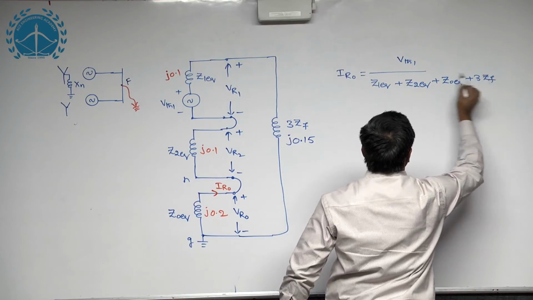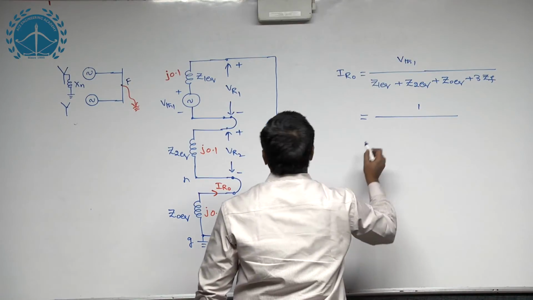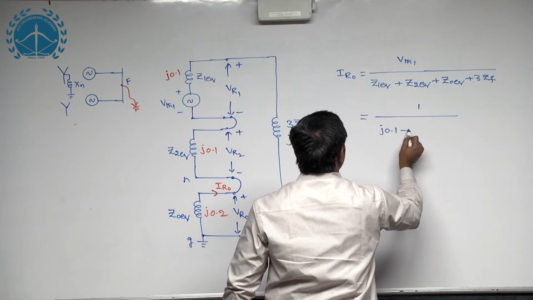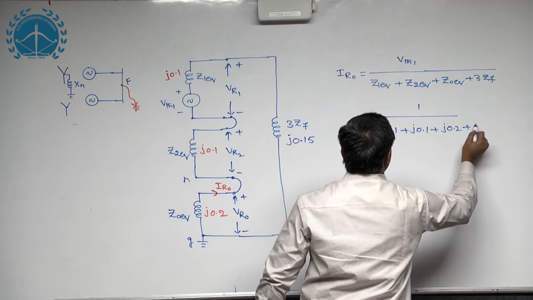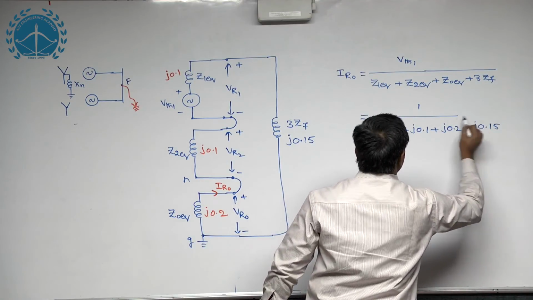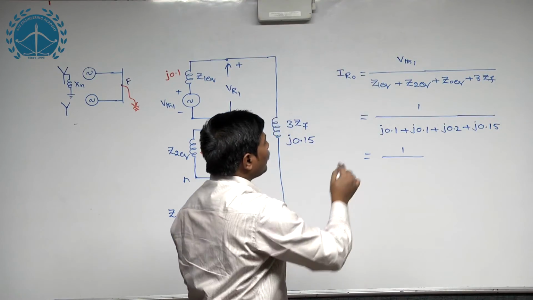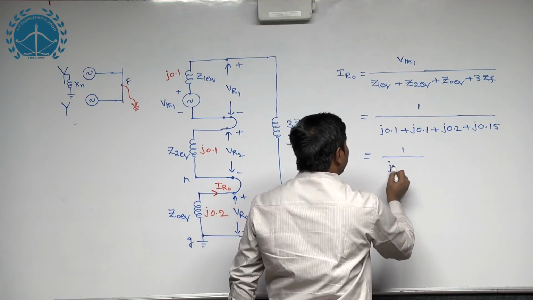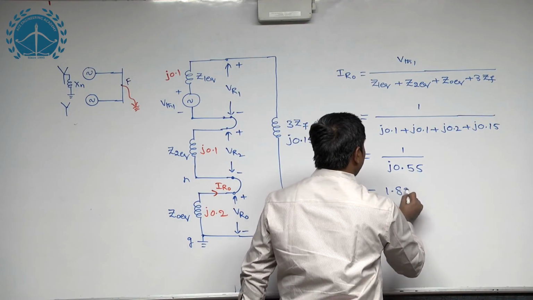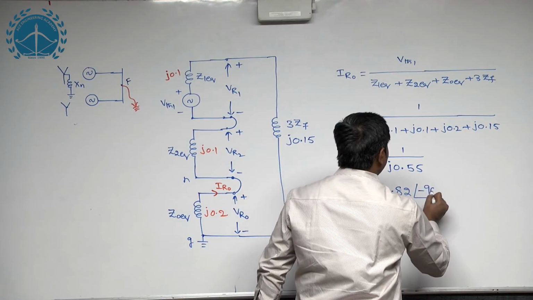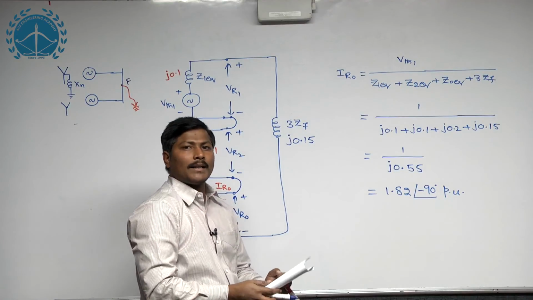It turns out to be 1 per unit divided by j0.1 plus j0.1 plus j0.2 plus j0.15, which means 1 by j0.55, and that gives approximately 1.82 at an angle of minus 90 degrees in per unit form.